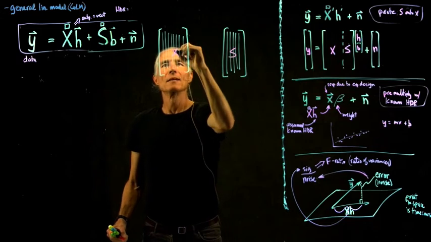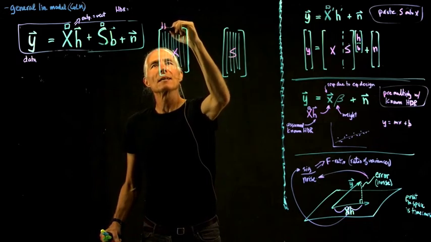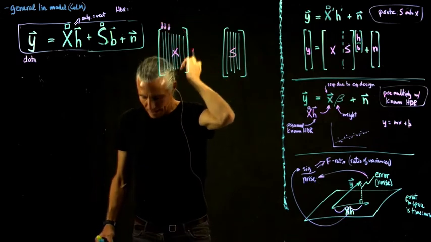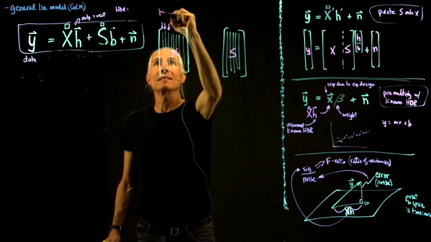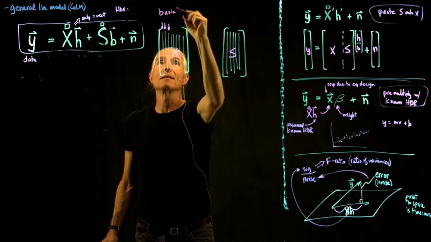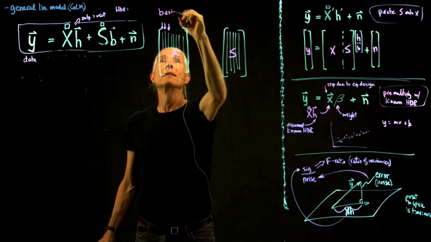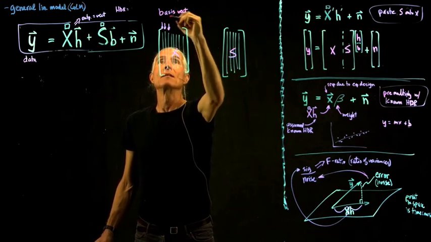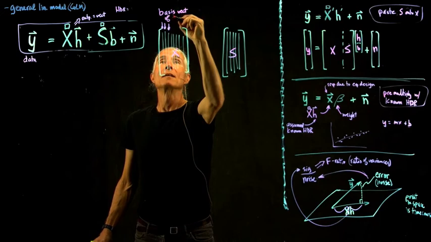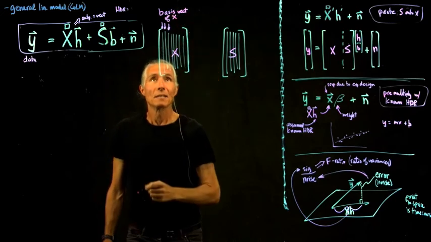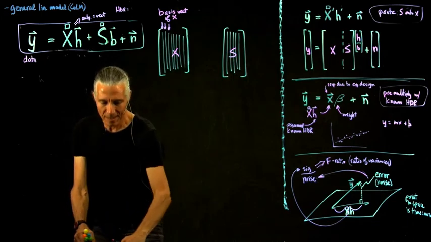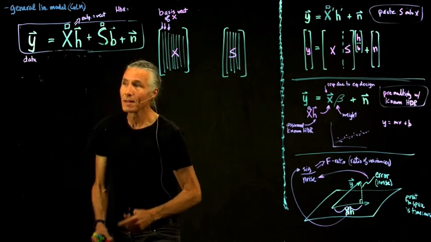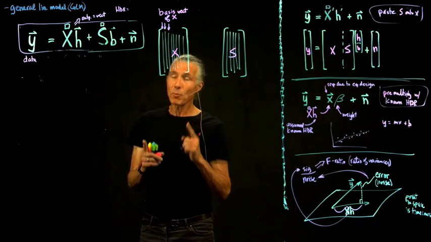So here's S. What you think about these is that these guys are the basis vectors, like X, Y, Z. And what are the basis vectors? The basis vectors basically define the space.